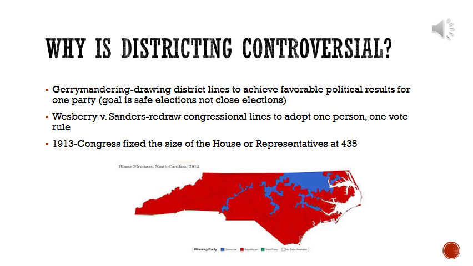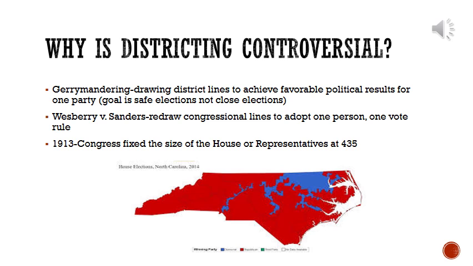So this court case is going to come out, and it's going to say that for all the congressional districts in the entire country, even though states get to draw these district lines, you have to have about the same equal population in each congressional district. Today, I believe it's about 740,000. Back in 1790, when congressional districts were first established, the average population in each congressional district was about 33,000.